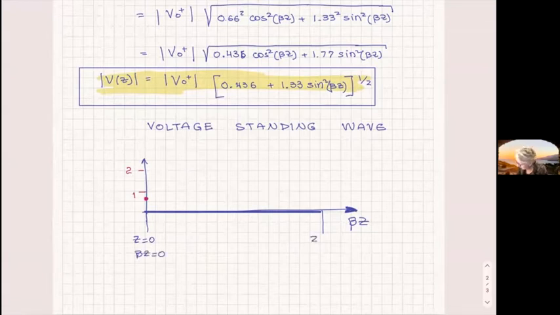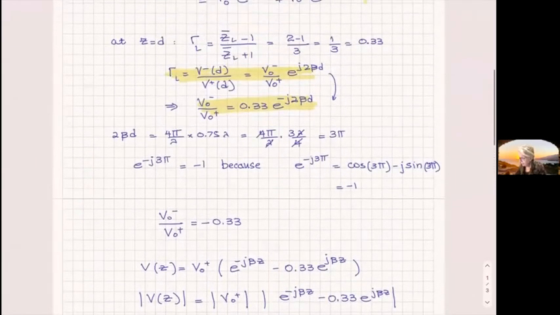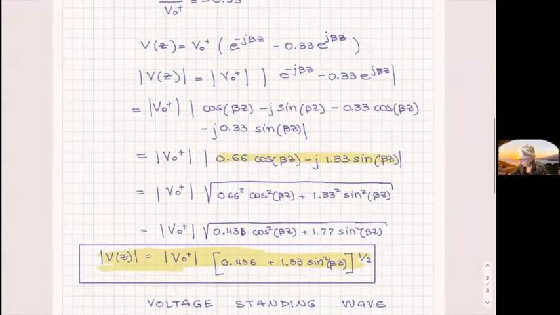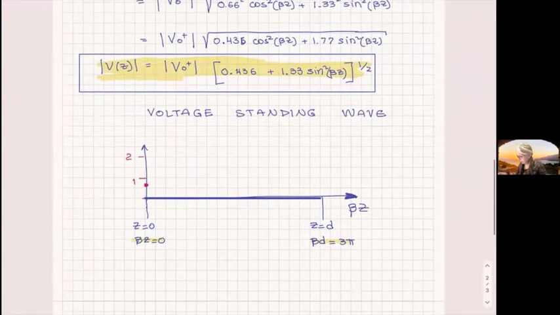And at z equals d, beta d is how much we found. It's 3 pi. Okay, so beta d is 3 pi. So also I remember those. So now I'm going to plot it as a function of this.